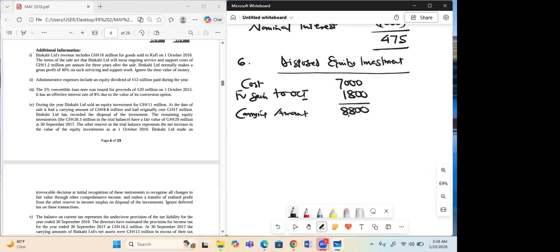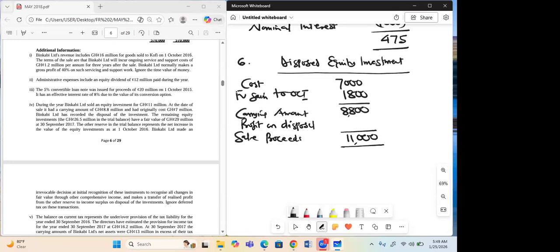And now they've disposed the investment at 11 million. So you compare the carrying amount today to the disposal proceeds. So the sale proceeds of 11 million. When I compare it to 11 million, what am I getting? A profit on disposal of what? 4,000.